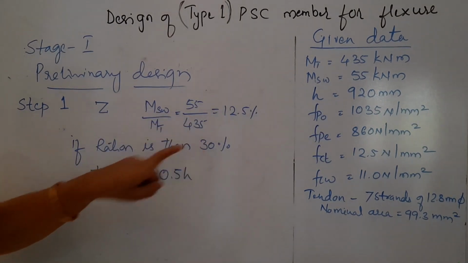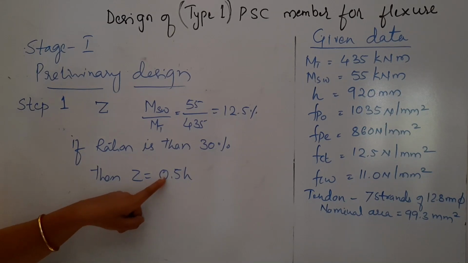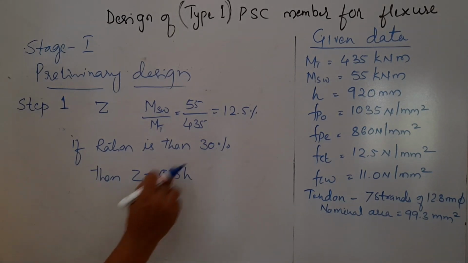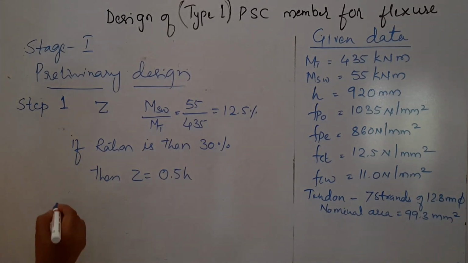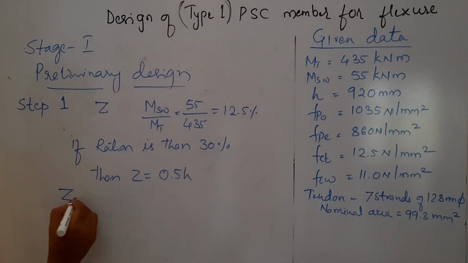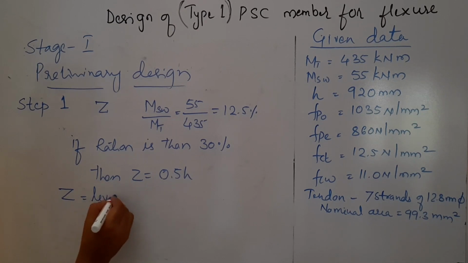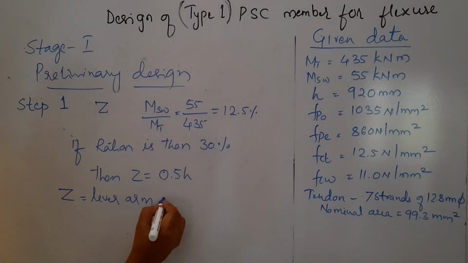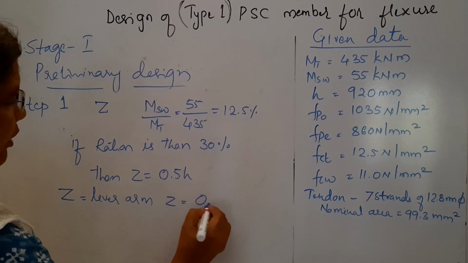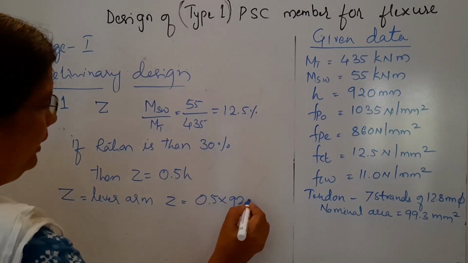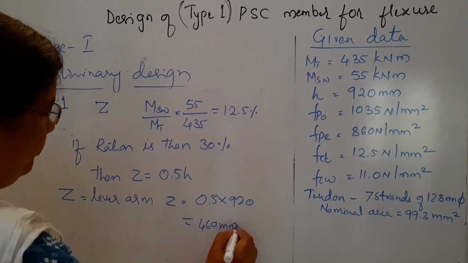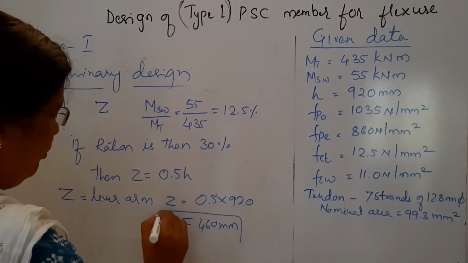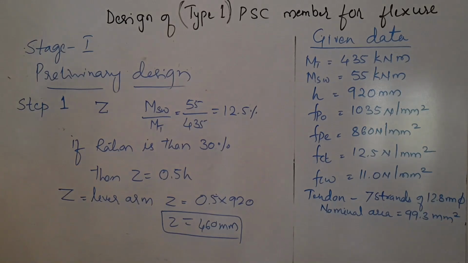If it is more than 30%, then you have to take 0.65 H. In this case, it is less than 30%, so we go for Z equal to 0.5 H. Then the lever arm Z is equal to 0.5 into 920, that is equal to 460 millimeters. That is step 1.